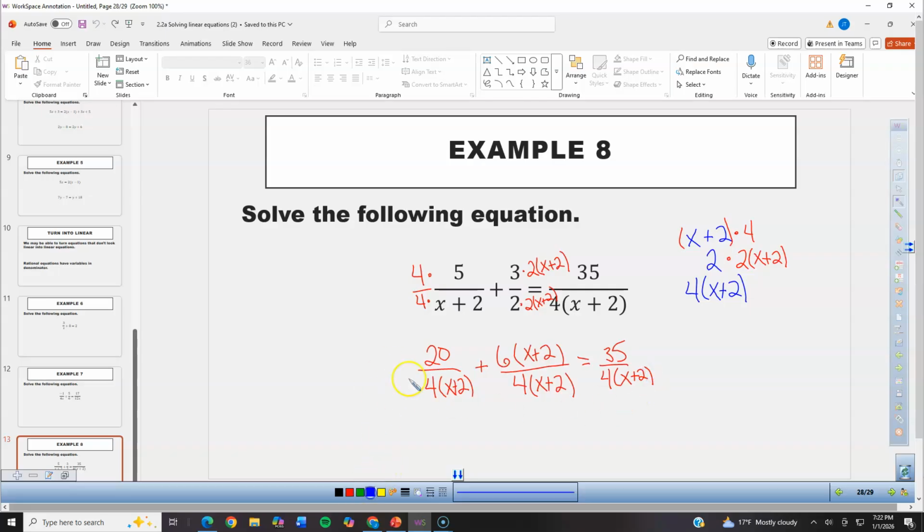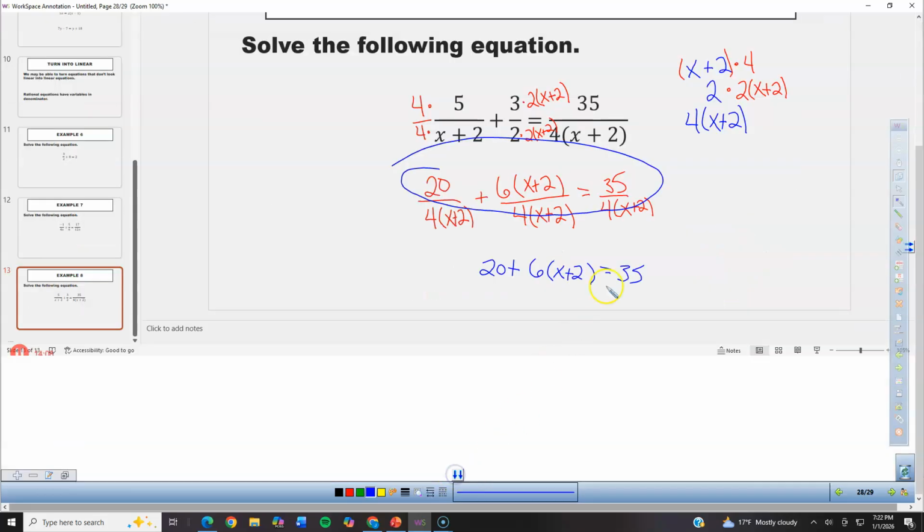Now, if all my bottoms are the same, I can just take my tops and do the equation. There we go. Now it looks just like the problems we did before, so I'm going to do it pretty quick. Sorry, I'm running out of room here.